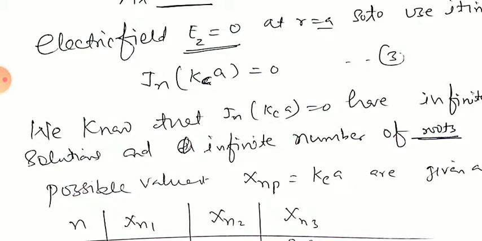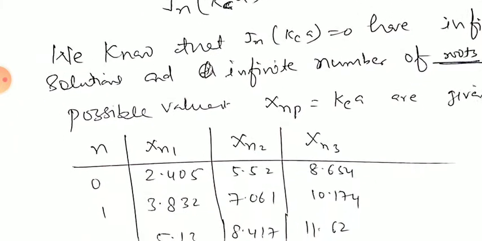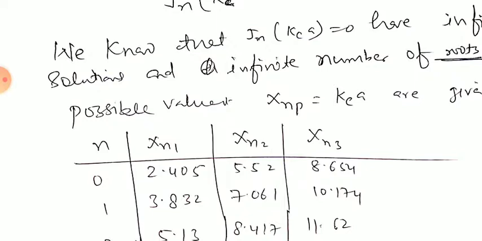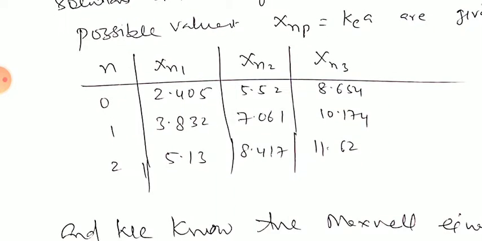So the possible values for x np, that is KCA, are given as below, n equal to 0, 1, 2, 3. These are numerical values, no need to remember this one.